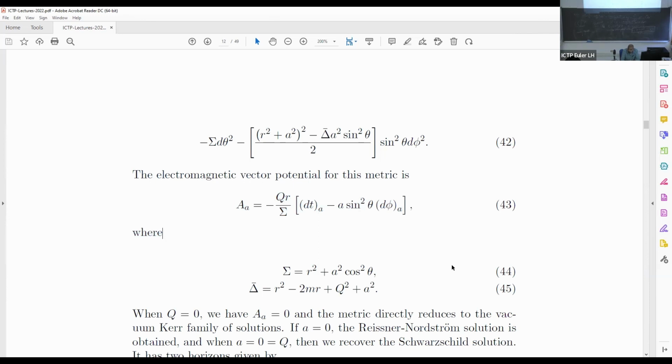Otherwise, if there is no charge, we only have gravitational potential, and gravitational potential is the mass. So when we have only gravitational potential, we have mass. When we have electromagnetic potential, we get electric charge here. So we construct the Maxwell field tensor from this electromagnetic vector potential, and that gives us the stress energy tensor.